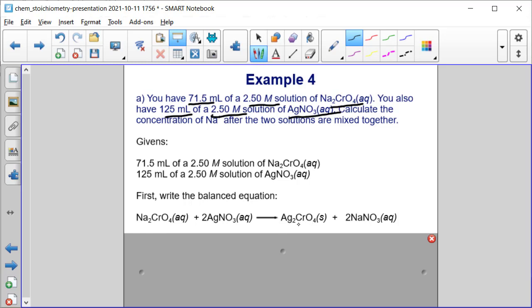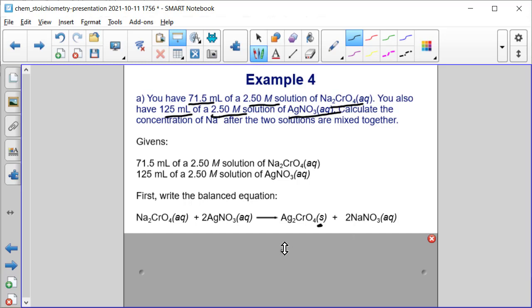You really have to remember these are ionic compounds, so we need to make sure we're balancing the charge as we go. So it's not AgCrO4, it's Ag2CrO4. Okay. Now this is insoluble, so it forms a solid precipitate, and of course sodium nitrate is aqueous in solution.